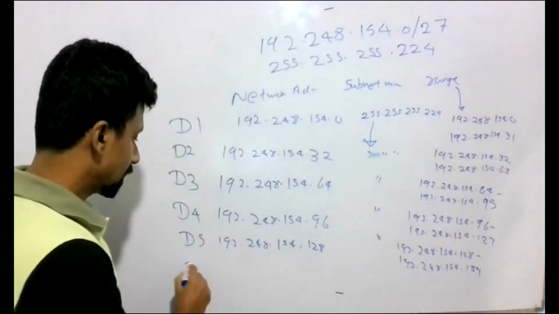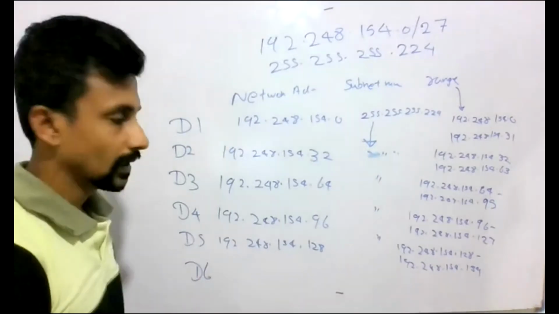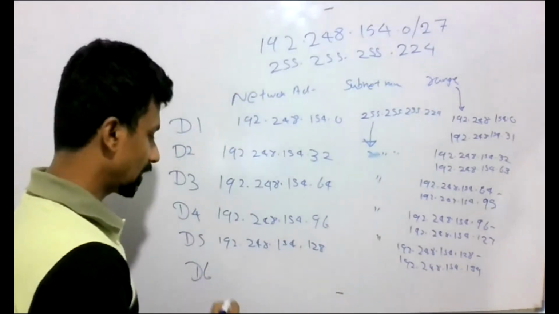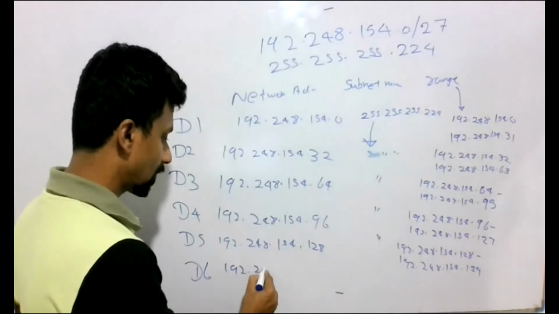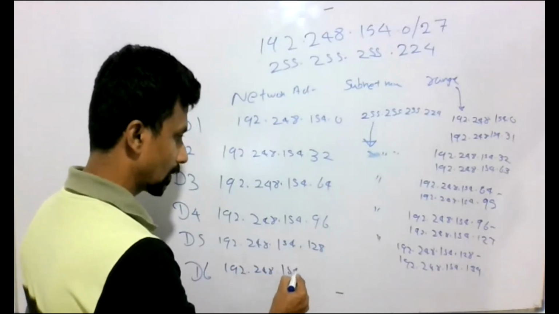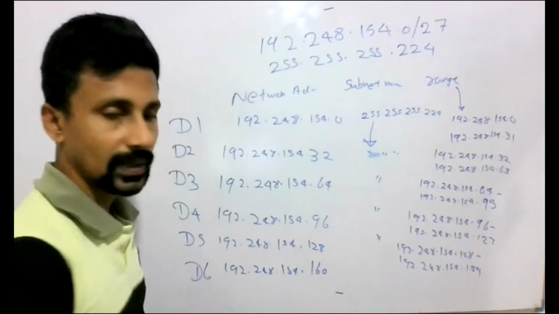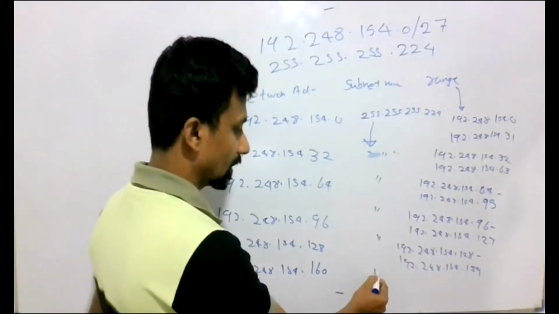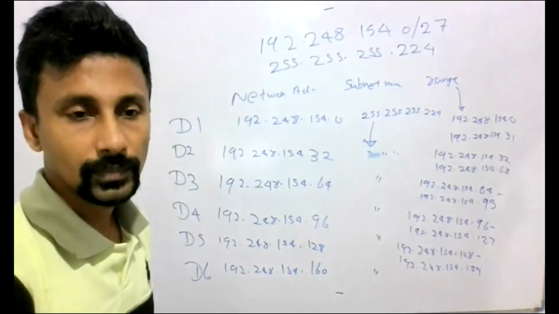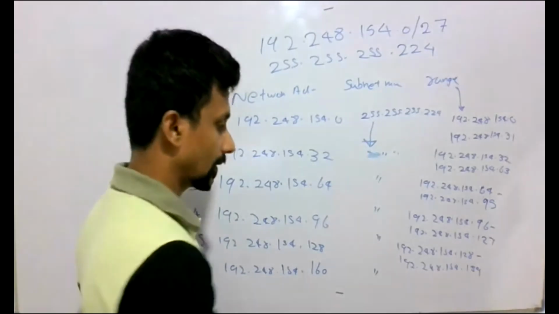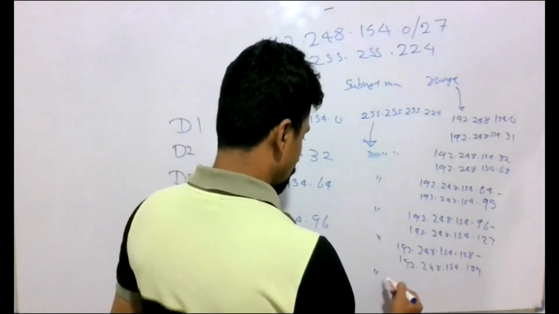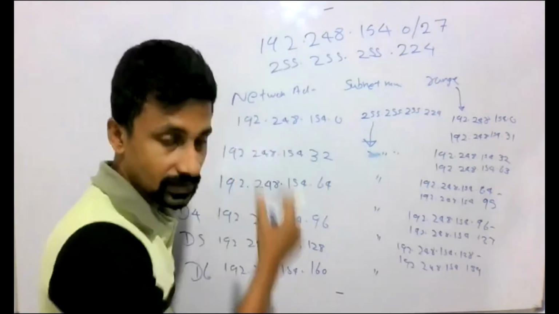Okay? So D6, department 6, last department. And 159 වලින් ඉවර, you have to start from 160. Range will be the same. Right? So subnet mask will be the same.